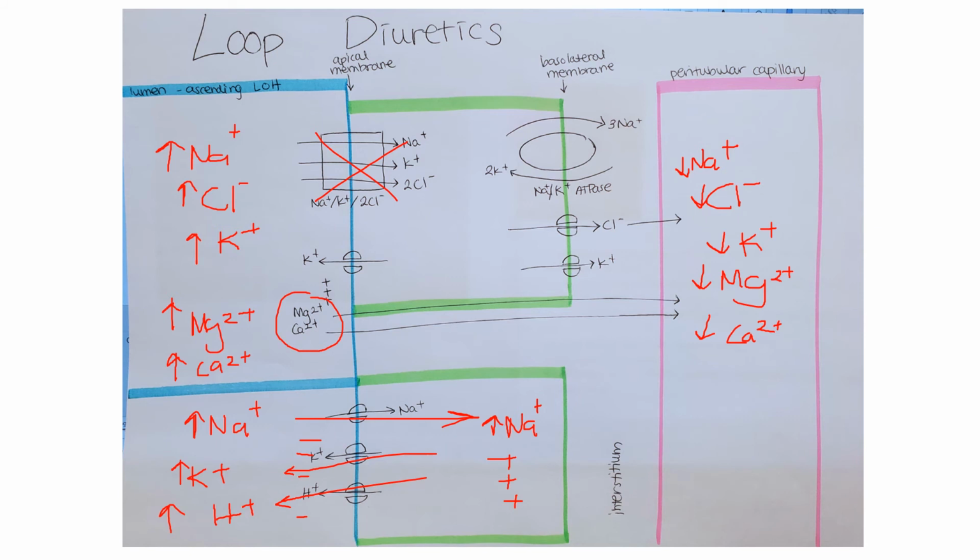So this effect is basically the opposite of thiazide diuretics, because in thiazide diuretics, we increase the absorption of calcium, thereby decreasing the excretion of calcium. In loop diuretics, a very important point to remember is that we increase the excretion of calcium, and then we create a decrease in calcium in our bloodstream.